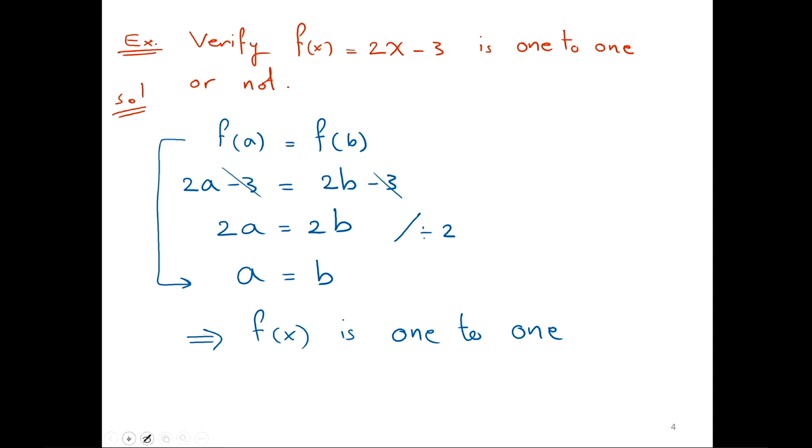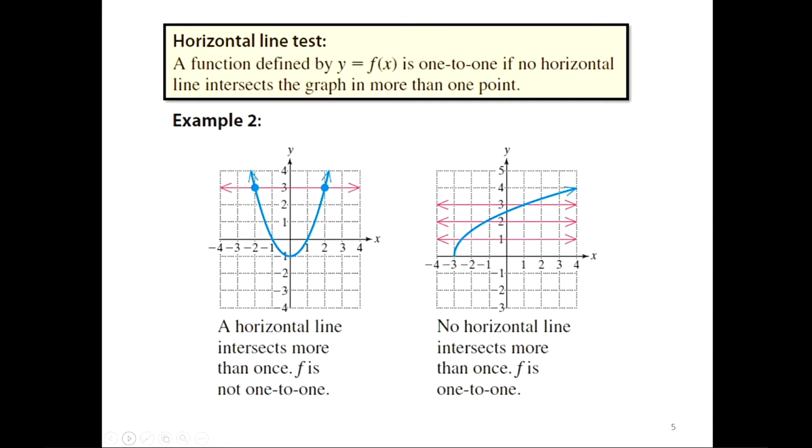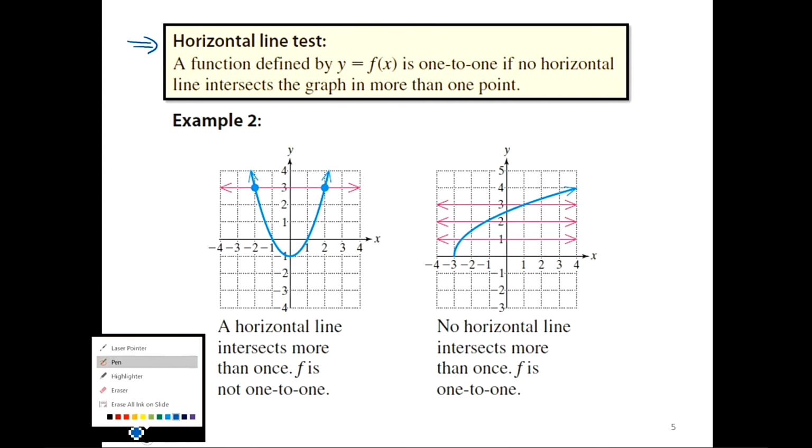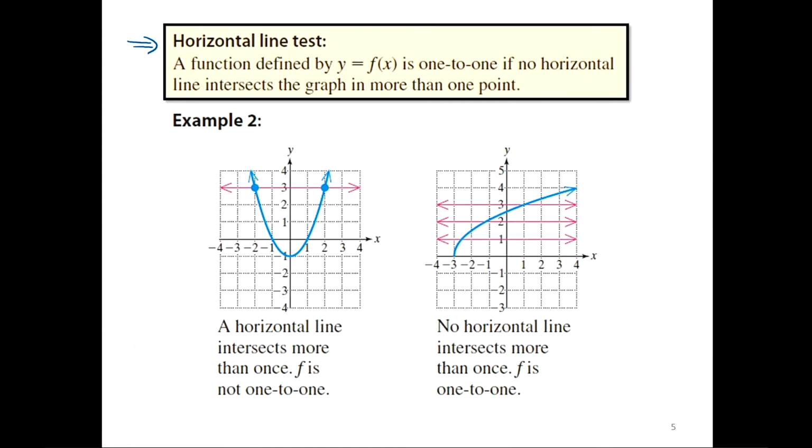Also, we have another method to check whether it is one-to-one or not: by the horizontal line test. Horizontal line test means if we have the graph of any relation or any function, and we need to show whether this graph is one-to-one or not, we put a horizontal line like this.